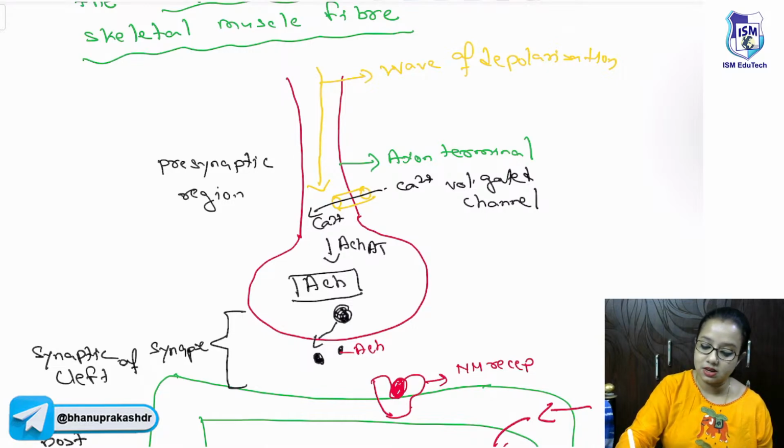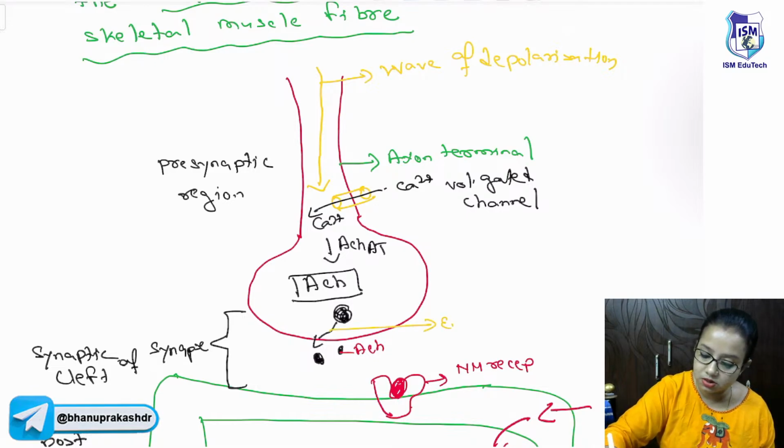Now, this formed acetyl-CoA, through the synaptic vesicle, is released into the synaptic cleft by the process of exocytosis.